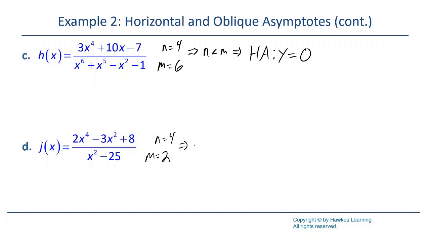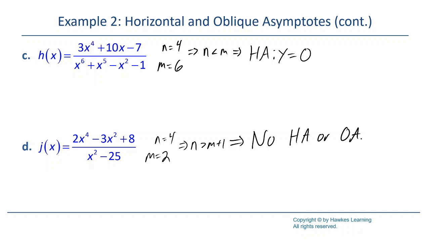Now in this case, we have that n is greater than m plus 1. Because remember, if it was equal to m plus 1, that was when we had the slant asymptote. Now it's greater than by 2. So that means there are no horizontal asymptotes or oblique asymptotes.